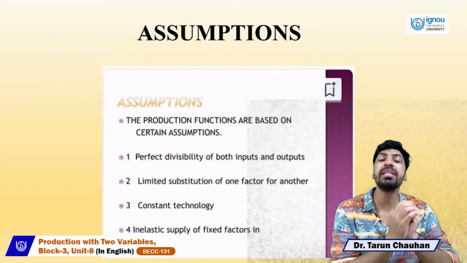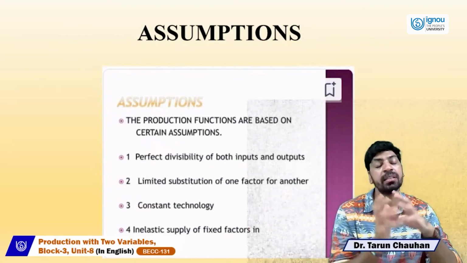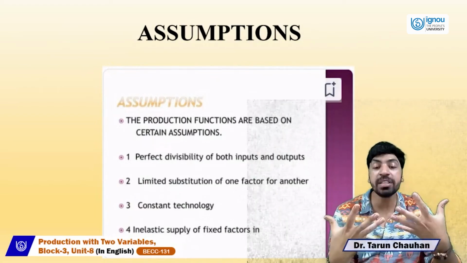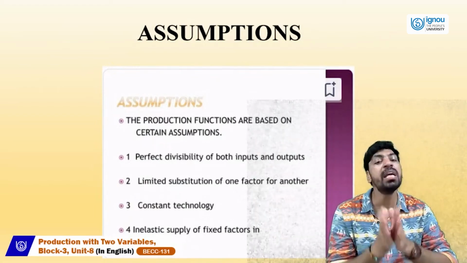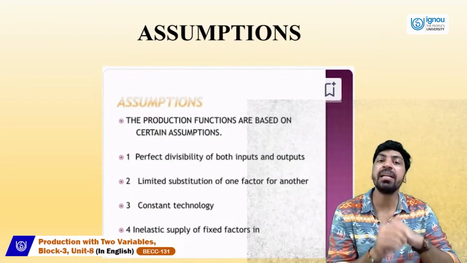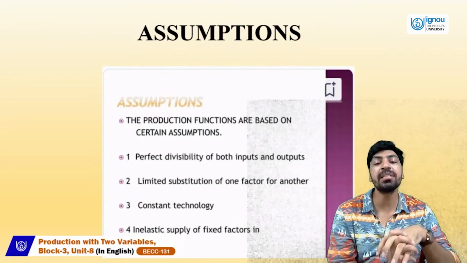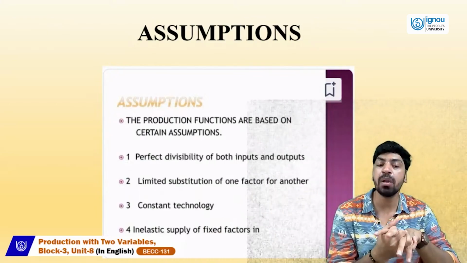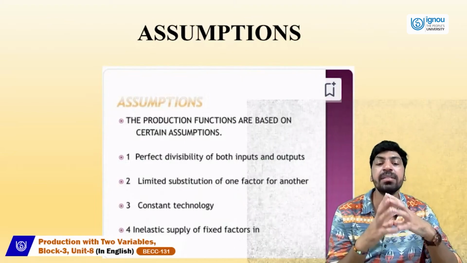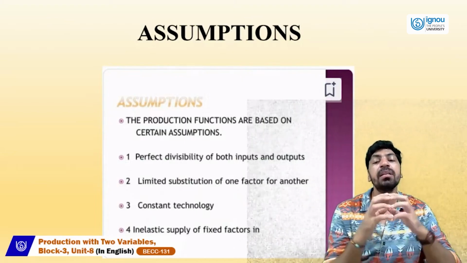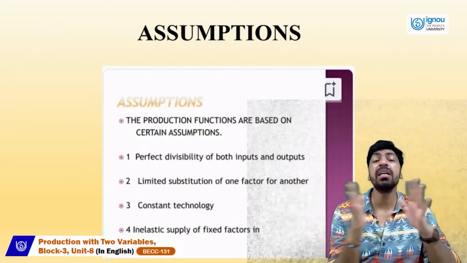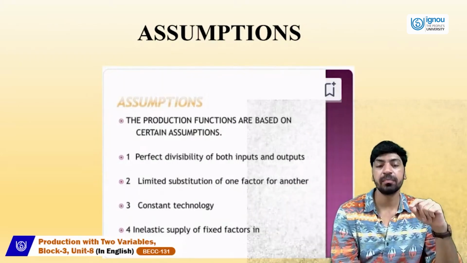The third is constant technology. The technology used by firms must be in constant use. The last assumption is inelastic supply of fixed factors in the short run, so the supply remains the same, or horizontal, in the short run.